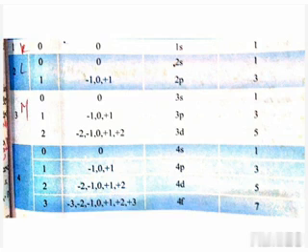The l values start from 0, 1, 2, 3, 4 and so on. If the l value is 0, then only one subshell is there, that is the s subshell. If l is 1, the subshell is p.